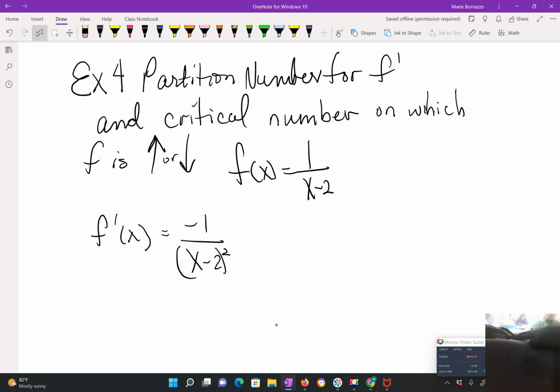Do you notice that 2 is not a valid value to use? And why do you think so? Yeah, look what happens when I graph this. Let's take a look.